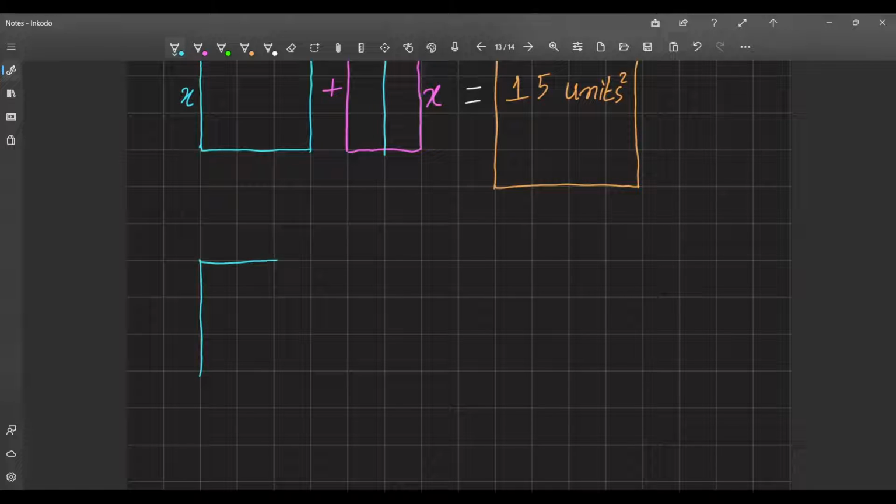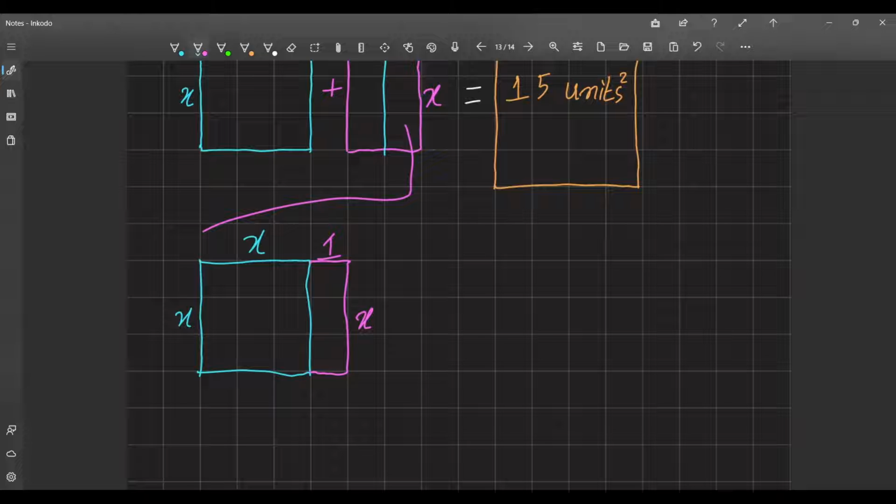I'll just copy down the square here of the sides x and x. Next, I'll have this rectangle of the side 1 and x. I'll put this rectangle here, and then I'll put the other rectangle here.